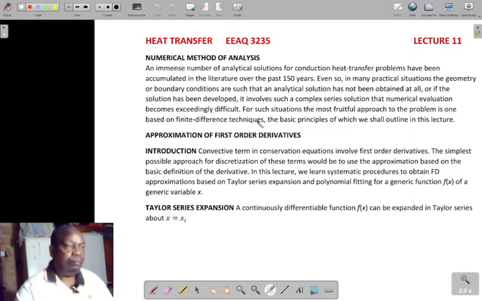Now in every physical situation or system, we look at the conservation laws, i.e. the conservation of mass, the law of conservation of momentum that gives us Newton's second law of motion, and then we have the law of conservation of energy, which is otherwise referred to as the first law of thermodynamics.